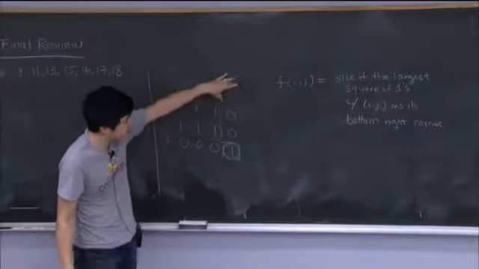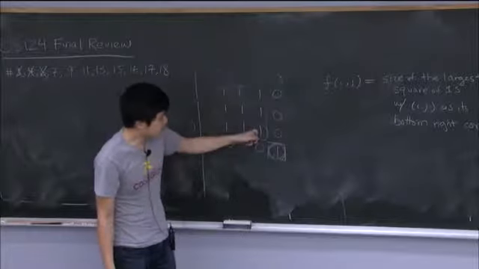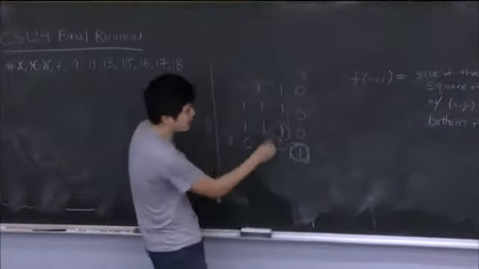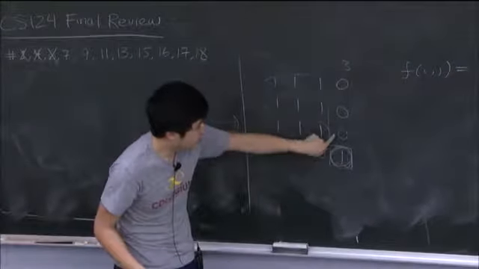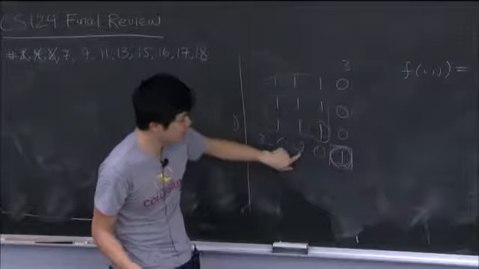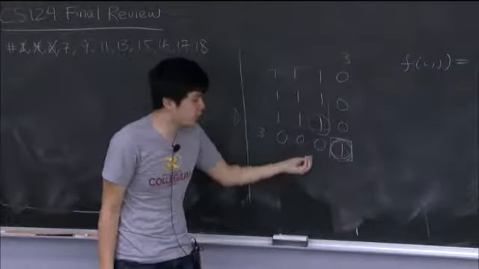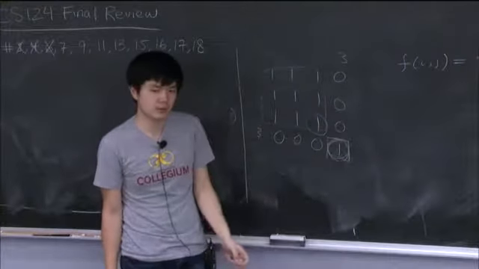And then it's going to change depending on what happens over here and over here. This entry tells you the size of the largest square matrix that has this as the bottom right-hand corner. If it is true that this is 1, this is 1, this is 1, and this is 1, this is 1, this is 1, then that extends to a larger square matrix with this as the bottom right corner. Right?